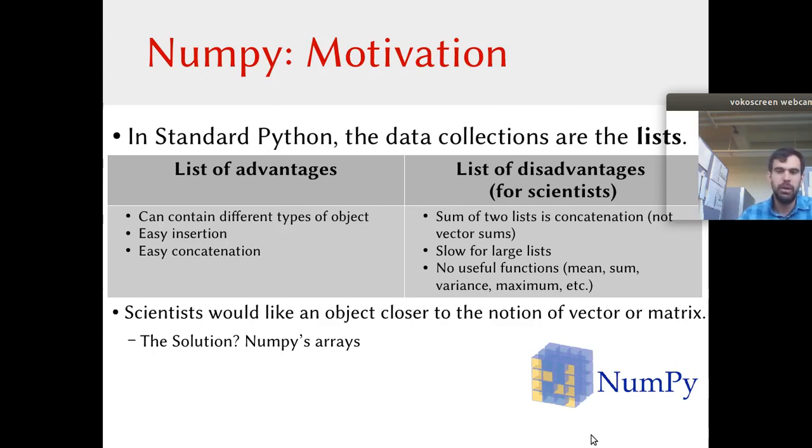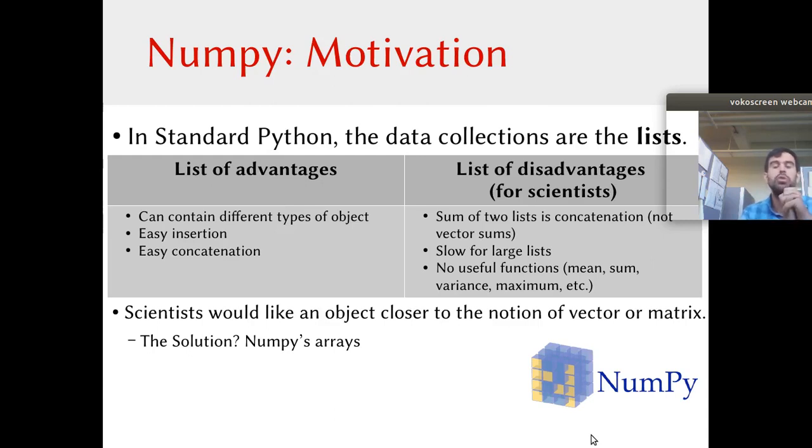There are plenty of disadvantages, especially in a scientific context. The sum of two lists is concatenation, and since scientists often represent data collections under the notion of a vector, it can be cool to have, when you add two vectors together, a term-by-term addition.